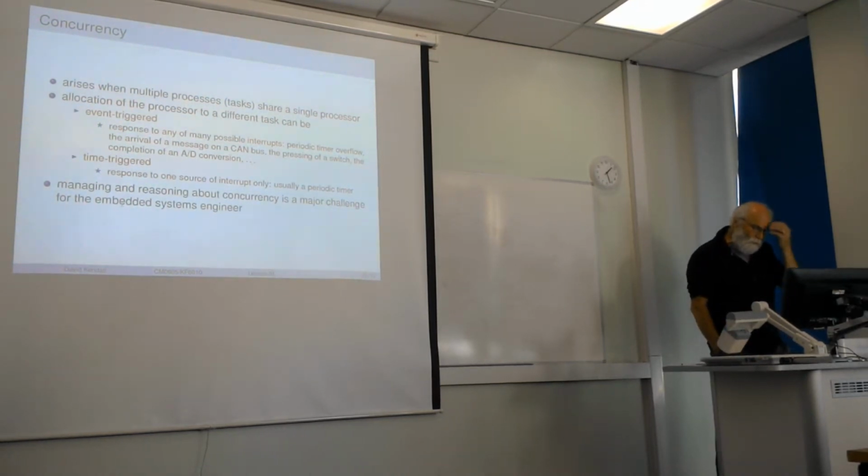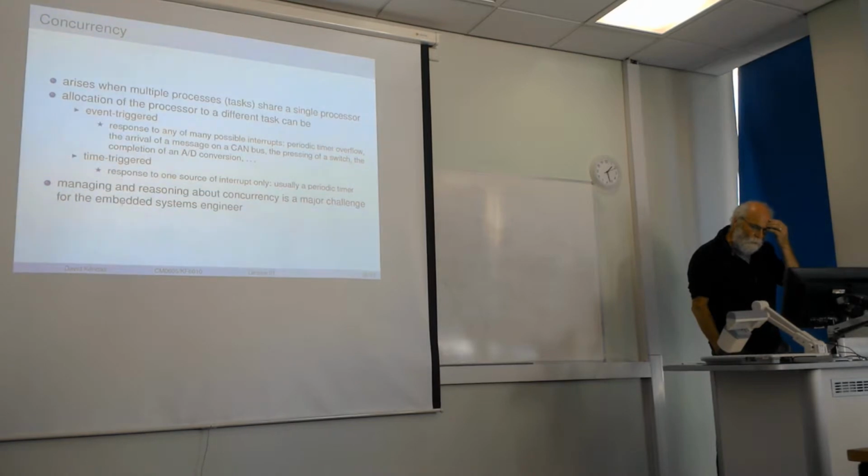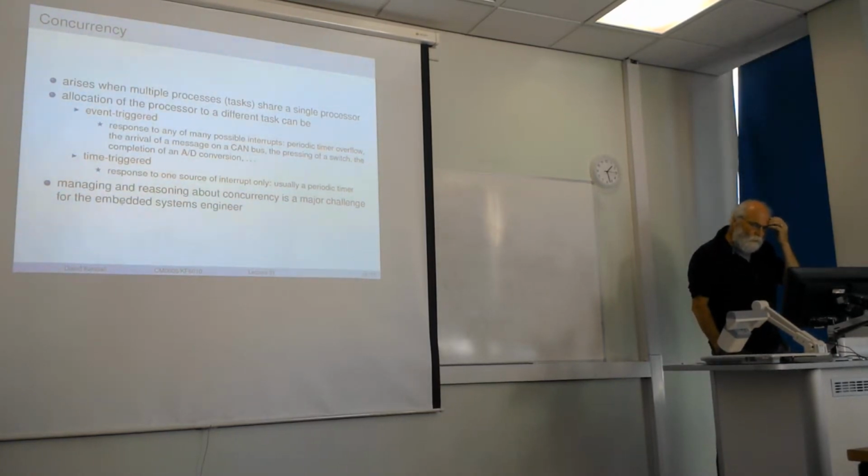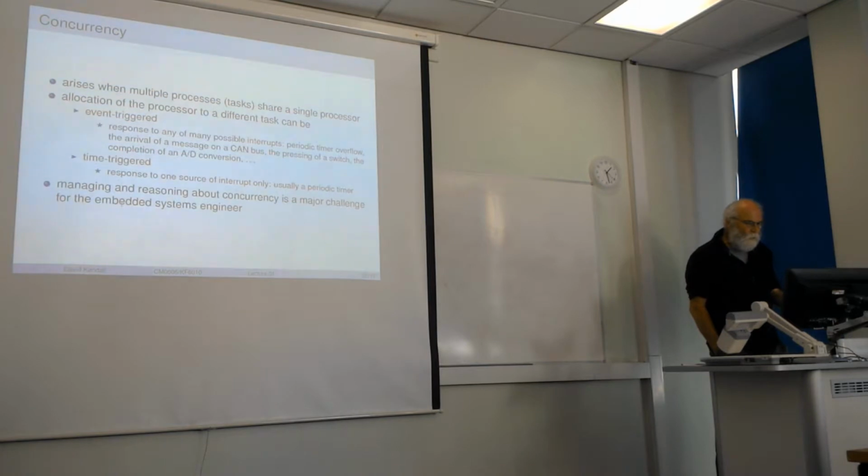Okay, so let's just expand a little bit on those ideas. So concurrency arises when multiple processes share a single processor. It also arises when multiple nodes share a communication mechanism.